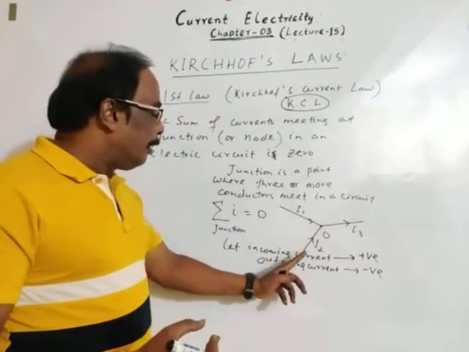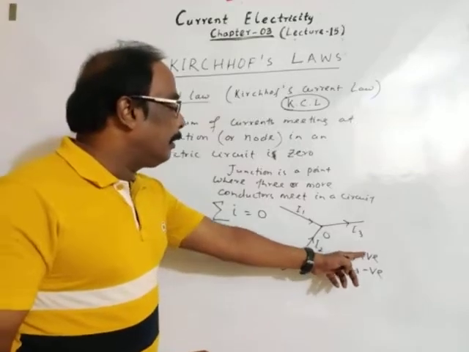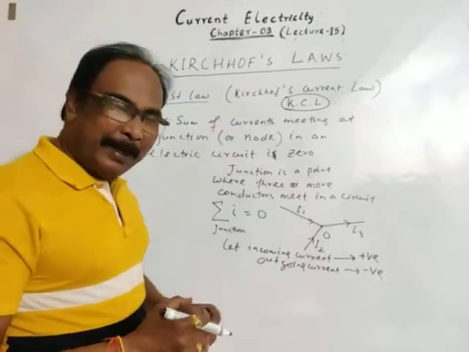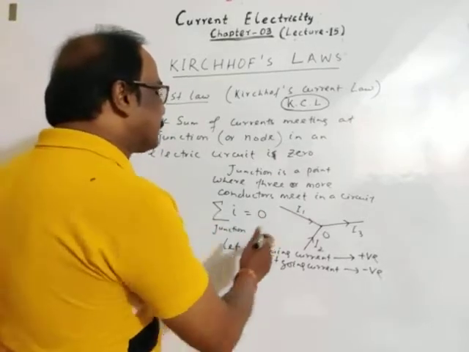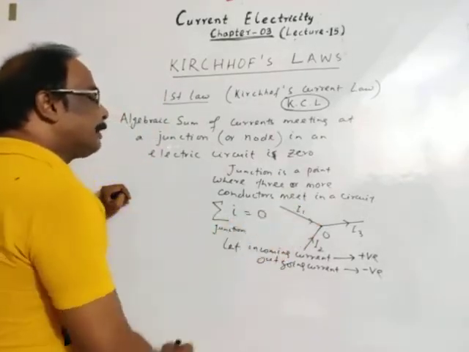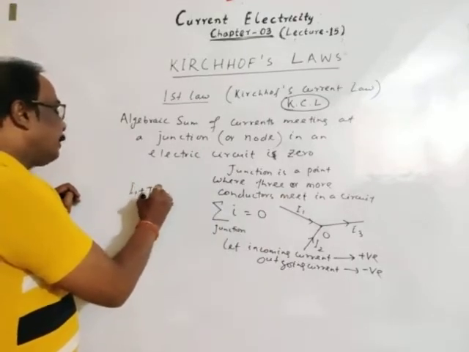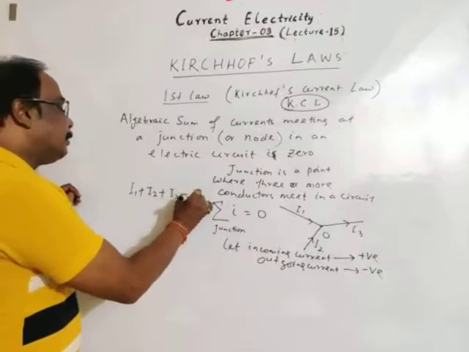If you take incoming current negative, then you should take outgoing current positive, vice versa. So in this case, the sum of currents meeting at a junction is 0, meaning I1 plus I2 plus I3 is equal to 0.